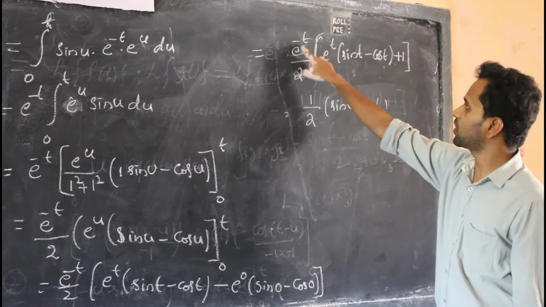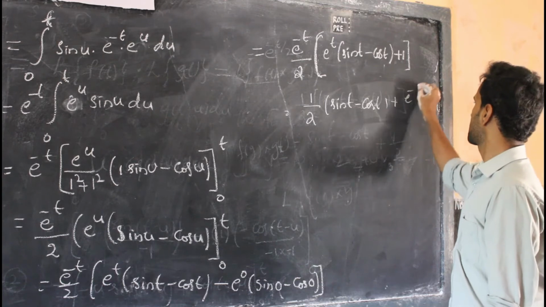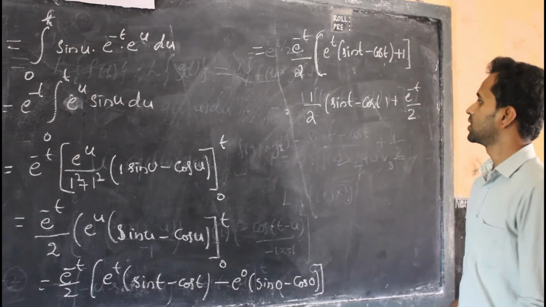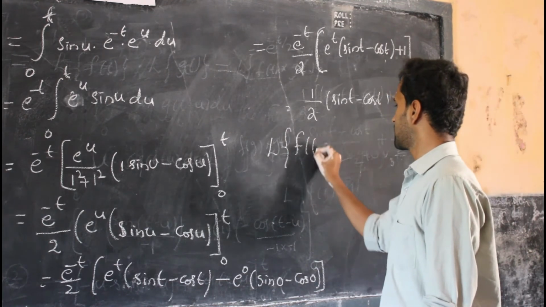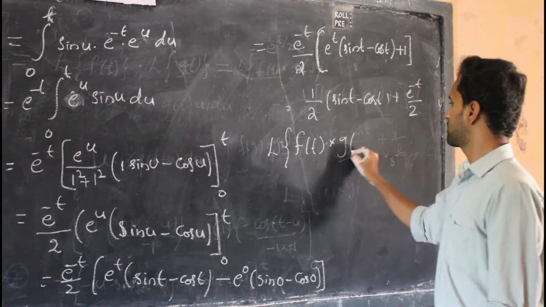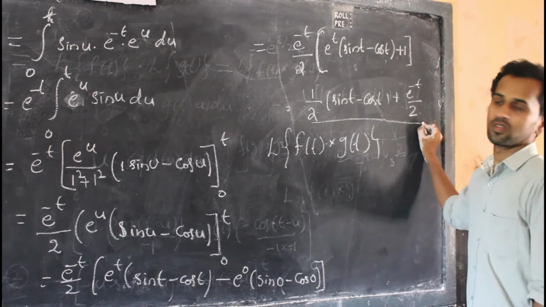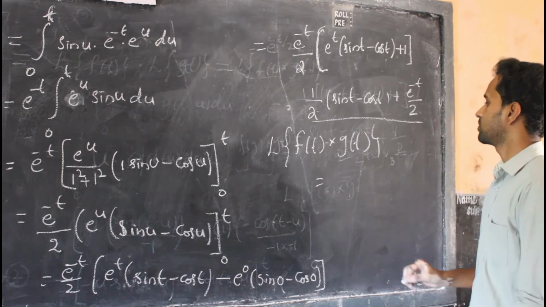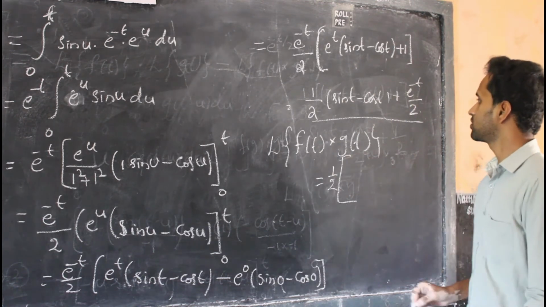Here again, e to the power of minus t divided by 2 into plus 1 gives plus e to the power of minus t divided by 2. Now I need to find the Laplace transform of my f of t star g of t. So my f of t star g of t is this one that we got. So I am finding the Laplace transform. 1 by 2 is a constant, so I take 1 by 2 outside, no issue.